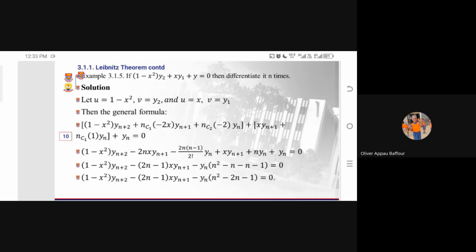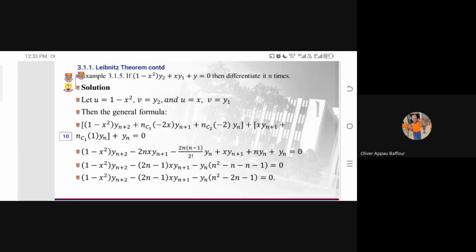So the same way we did, we are going to find our u and v for each particular term. If you look at the first term, we have 1 minus x squared y2. For that one, we make our u equal to 1 minus x squared and our v equal to y2.